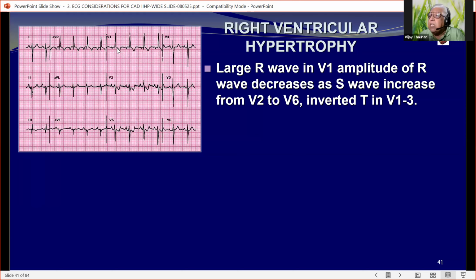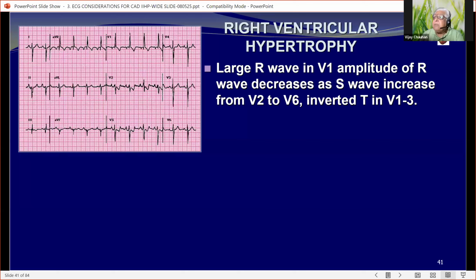You can see the ST segment depression and T wave inversion here. So this shows the ventricular strain. A feature where there is ST segment depression and T wave inversion shows the strain, so right ventricular strain.